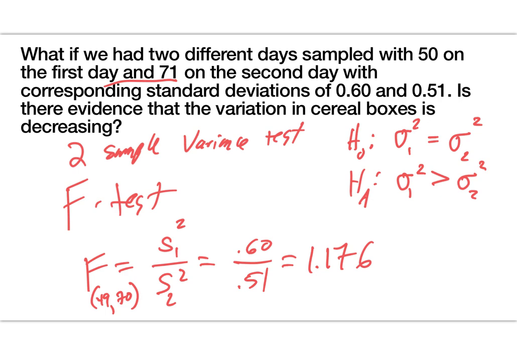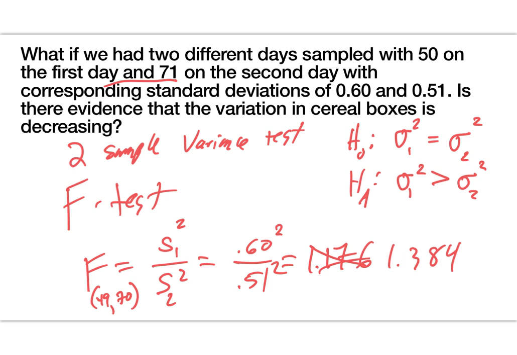In the applets page, again, because StatBlue does not have the F test, so I've been corrected, yes, I forgot to square these, which means this is now 1.384.